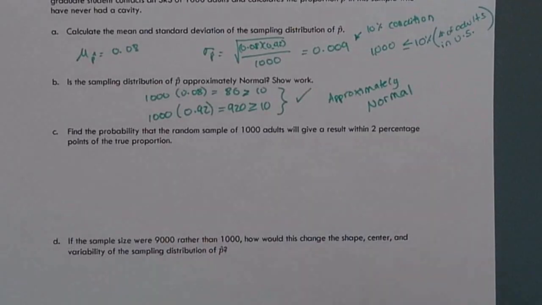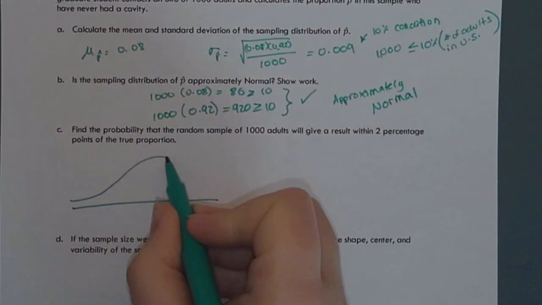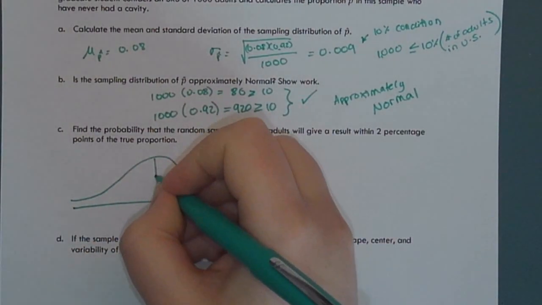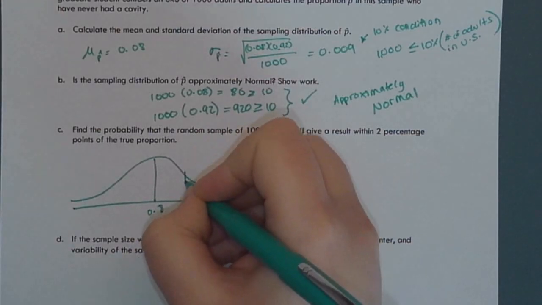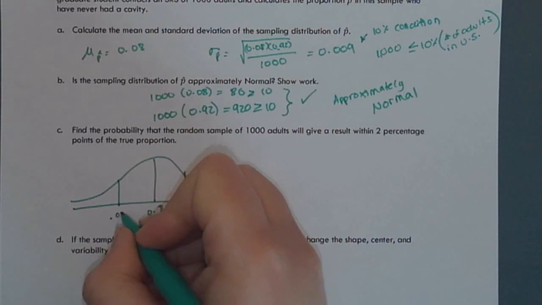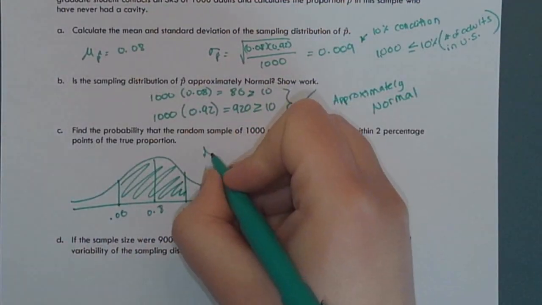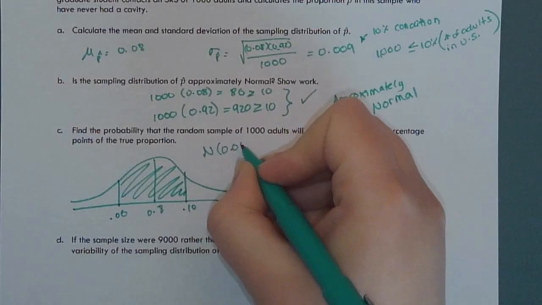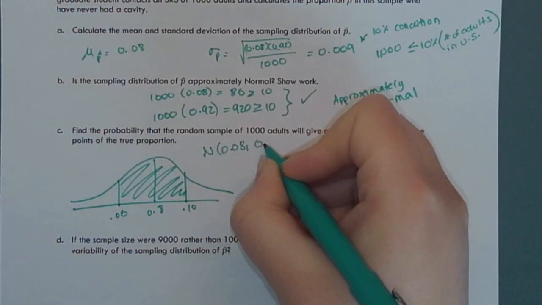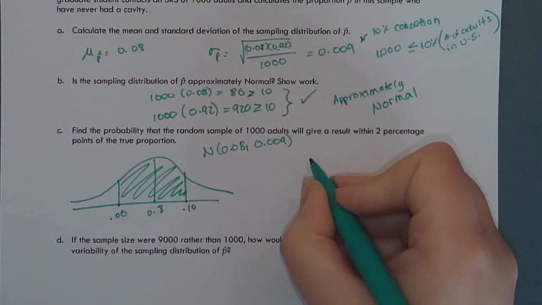Now we find the probability that the random sample of 1,000 adults will give a result within 2% of the true proportion. So if our mean is at 0.08, we want to get within 2%, so we want to find between 0.1 and 0.06. Remember, it was a normal distribution with a mean of 0.08 and a standard deviation of 0.009.